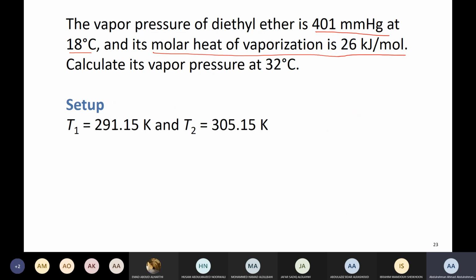Calculate the vapor pressure at 32 degrees C.